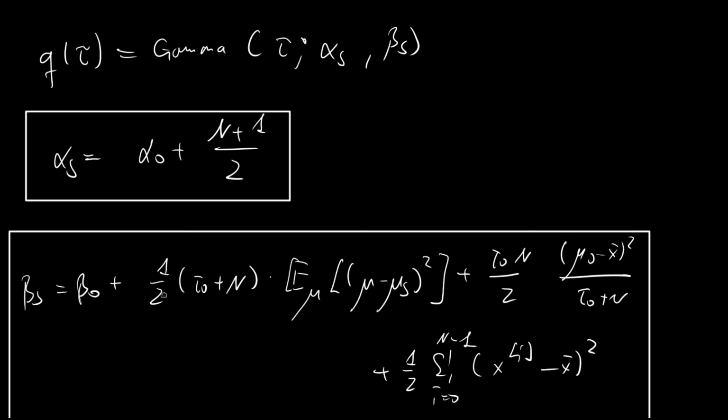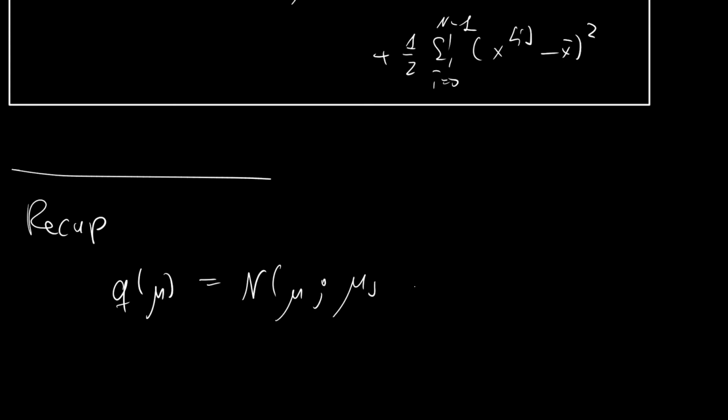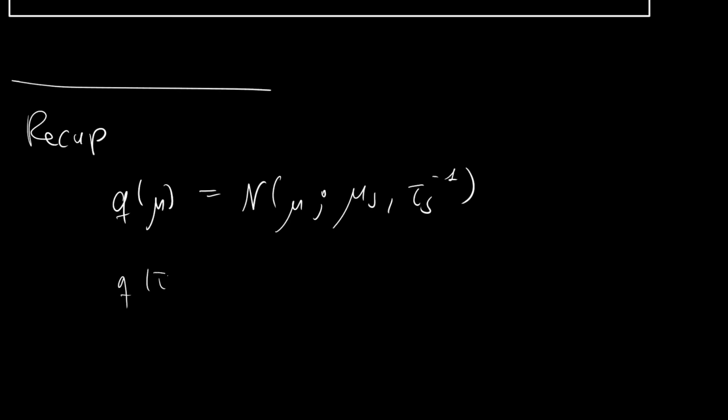Let us note this down first. I will call this recap, what we've done so far. We've seen that q of mu is a normal distribution over mu with parameters mu s and tau s inverse. And q of tau is a gamma distribution over tau with alpha s and beta s, the index s for surrogate.